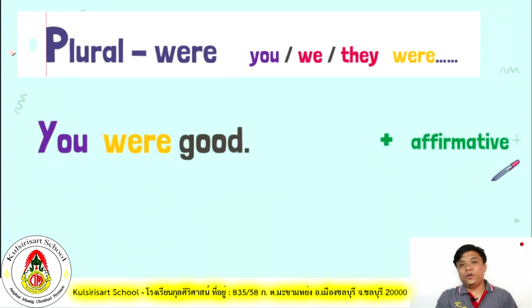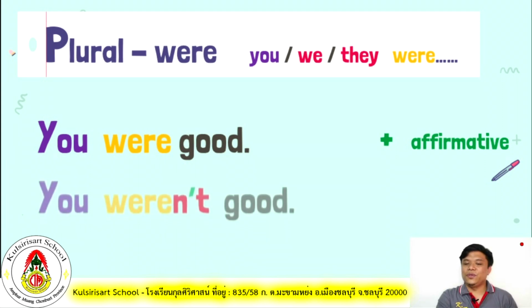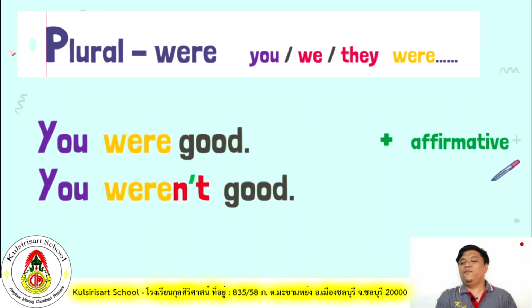So for plural, we do the same. You were good. For the negative form, we add the word not to make it negative, and then it becomes you weren't good. Were not. Can you say again? The full form of weren't.